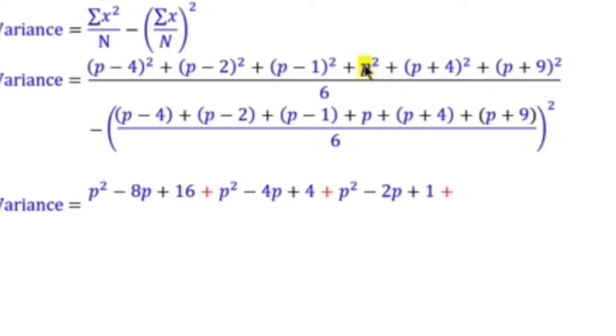Plus p squared. This one is simple, just copy. Followed by p plus 4 squared: we take p squared, then plus 2 times 4 is 8, so 8p, then plus 4 squared, which is 16. If positive, we will have positive in the middle.